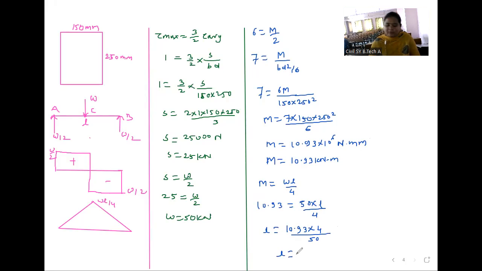So L equals 0.87 meter. So first you have to understand which type of question is given, and first which equation we have to apply. Once you get an idea of which equation to apply, and which parameter you will get from that equation, then and only then you are able to solve these questions.